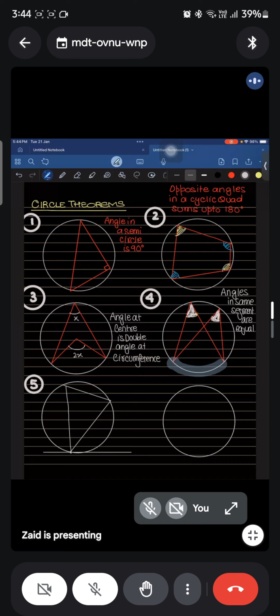So this is a tangent. If the tangent makes an angle over here, that is going to be equal to this angle. This theorem is called the alternate segment theorem. So these two angles are equal. You need to remember this.